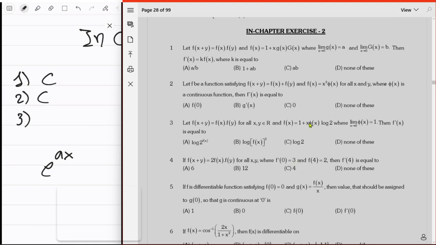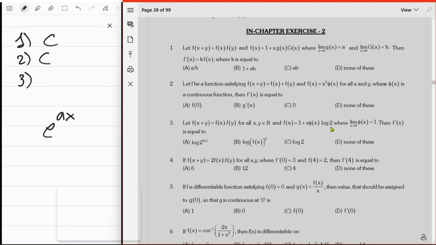F of x is equal to 1 plus x phi of x natural log of 2. So, okay. The limit as x tends to 0 of phi of x is equal to 1, then f dash of x is equal to. Oh. So, as x tends to 0, your phi approaches 1. Which means this thing would be 1, right? We already know that.